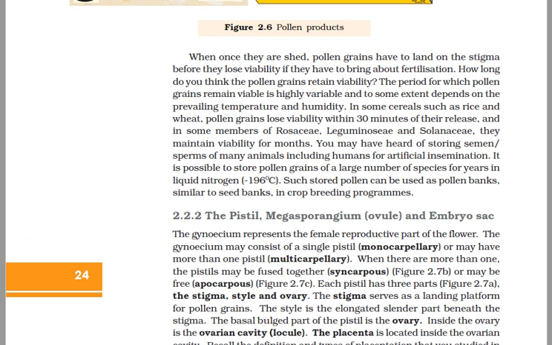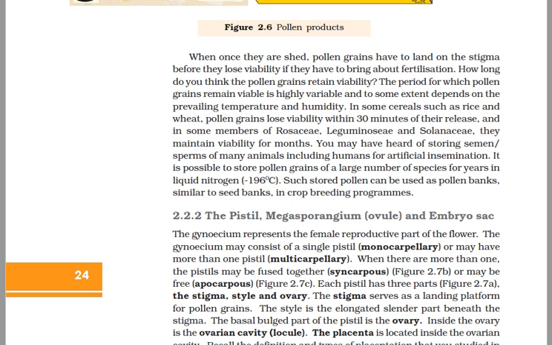Now, the gynoecium may consist of a single pistil called monocarpellary, or maybe more than one pistil called multicarpellary. This you have learned in your class 11th also. Like a flower having a single pistil is called monocarpellary, and a flower having more than one pistil is called multicarpellary.